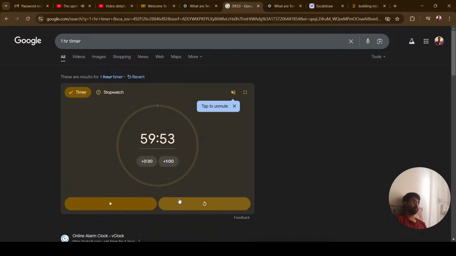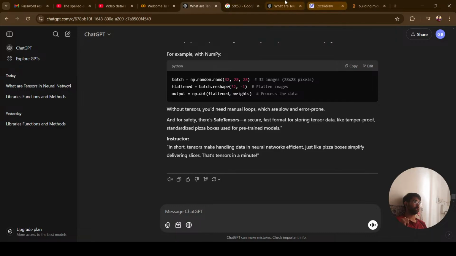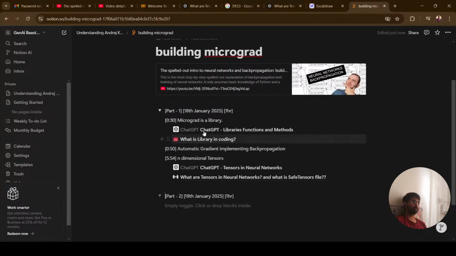So before starting up, I just got this in my mind that let's revise what we did yesterday. Okay. So yesterday, Mr. Karpathy told that he has built a micrograd library which is 150 lines of code, and this 150 lines of code has the ability to create and build a neural network.